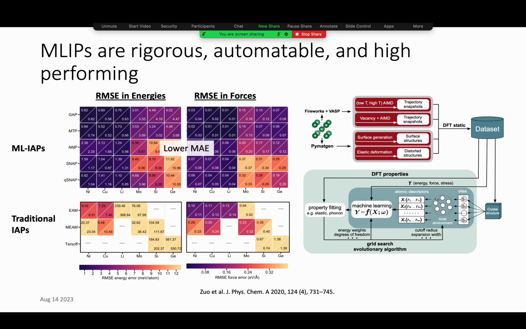So if you compare, say, your machine learning interatomic potentials with your traditional interatomic potentials, invariably you can always get much more accurate machine learning interatomic potentials in terms of energy accuracy and force accuracy compared to your traditional interatomic potentials such as EAM and Tersoff, right? But what is even more important is that the fitting of machine learning interatomic potentials is largely automatable, right?